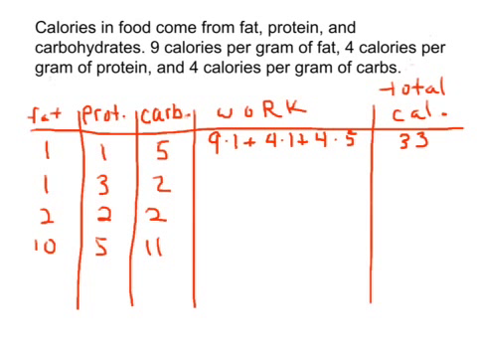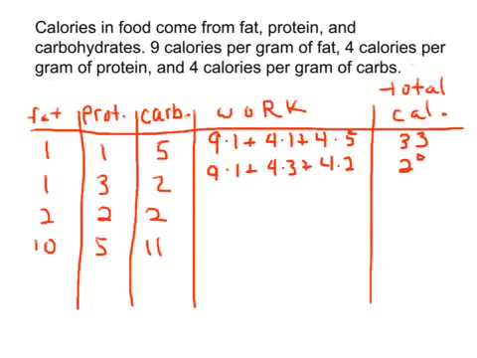So what if it had different components in there? 1 gram of fat, 3 grams of protein, 2 grams of carbs. So that's 9 times 1 plus 4 times 3 plus 4 times 2. Okay? So 9 plus 12 is 21, plus 8 is 29.